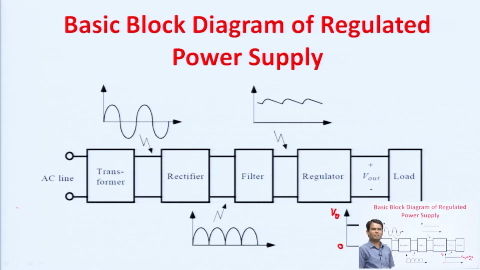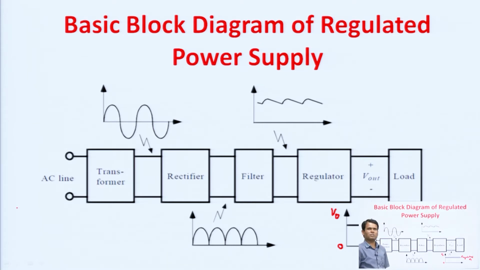Why we need step down transformer? Because generally we need 5 volt DC or low voltage DC to charge the battery of our mobile or laptop, or for any electronic appliances.